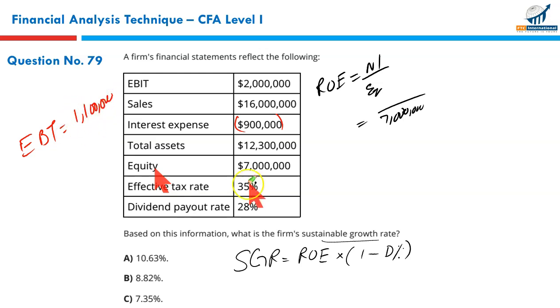It has to be taxed at the rate of 35%. After tax, what do I get? I get 715. What did I do? I simply multiplied 1.1 million with 65%. It will automatically remove the tax amount. So this is what I have in the numerator, 715 upon 7 million multiplied by 100 gives me ROE, that is 10.21.